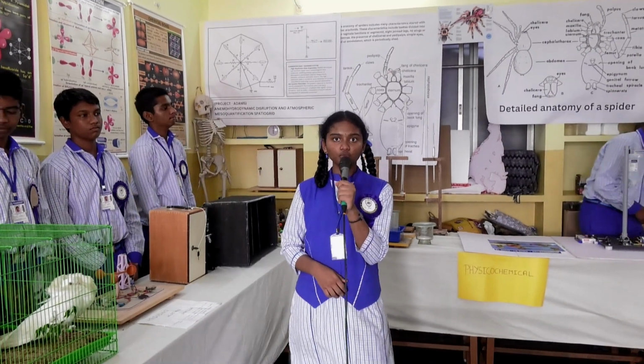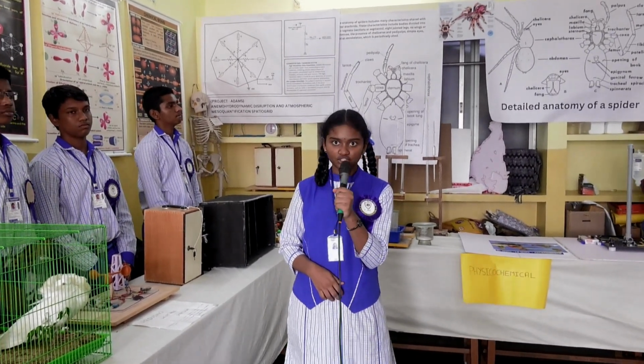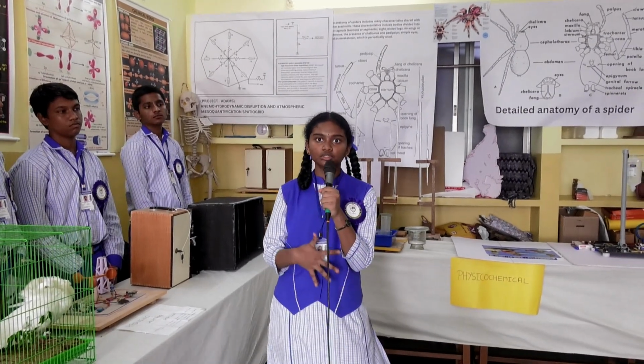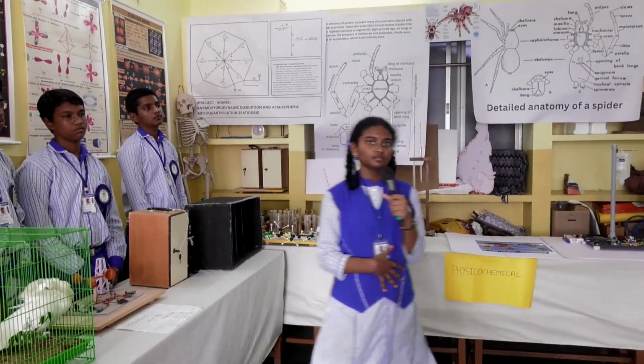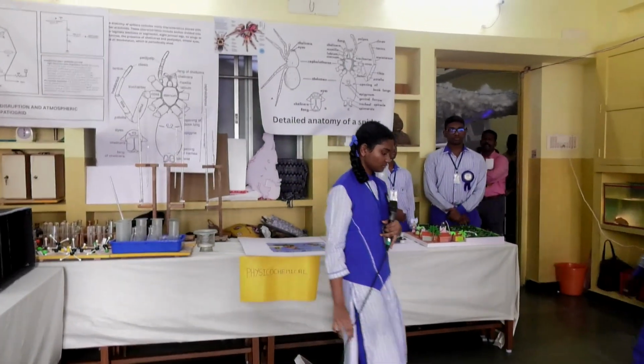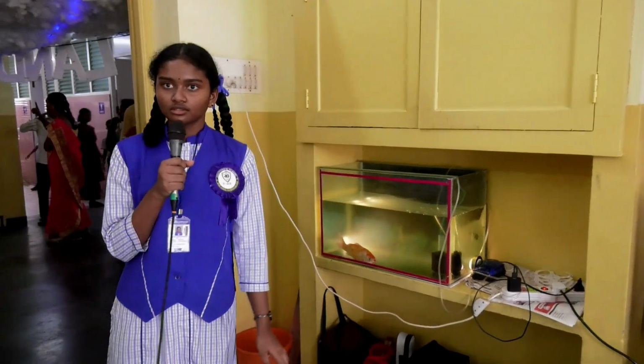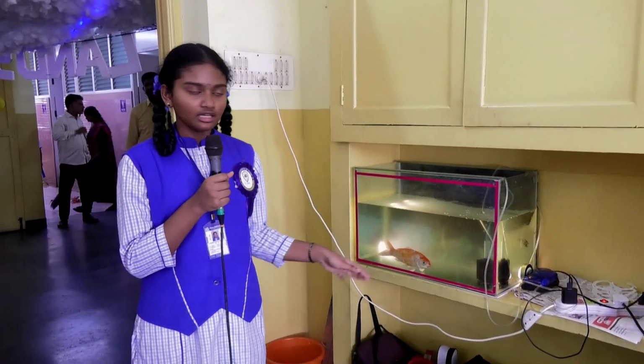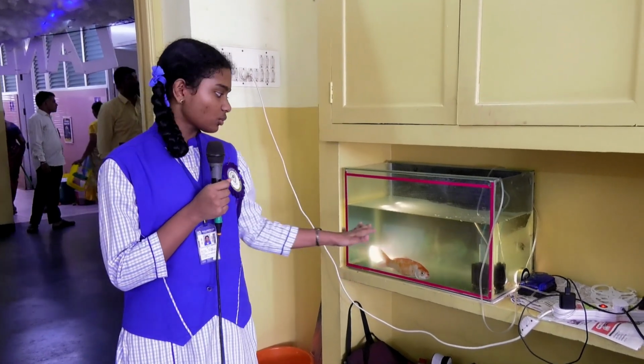Now we have seen how birds react to vibration and how they migrate. Now we will see about fishes, how they react to the vibrations and migrate. Now we can imagine that this fish is in a water body. Now it is in a tank filled with water.